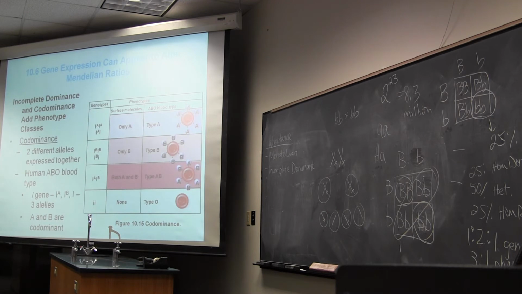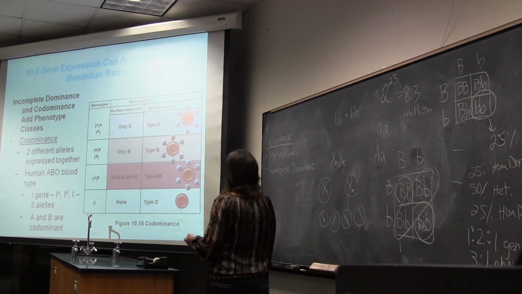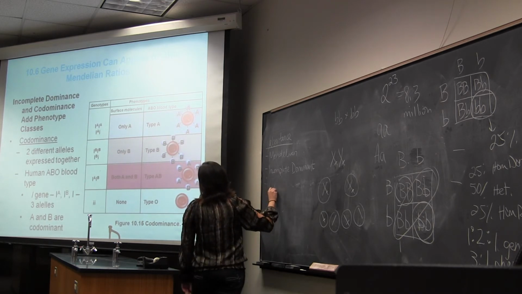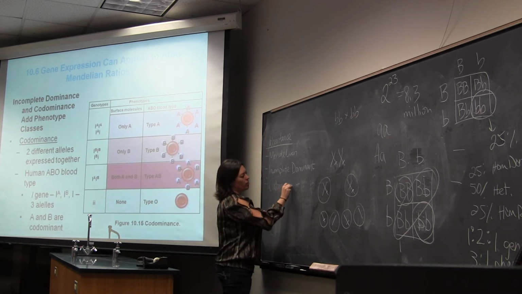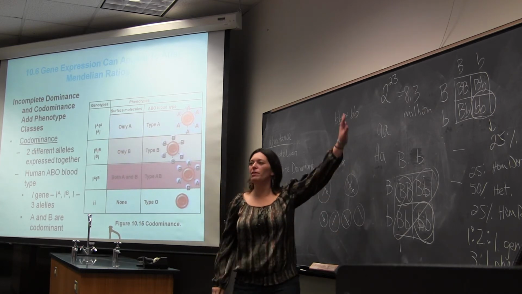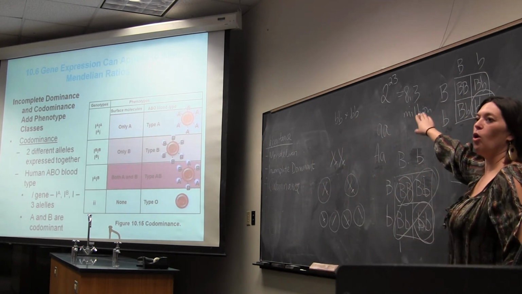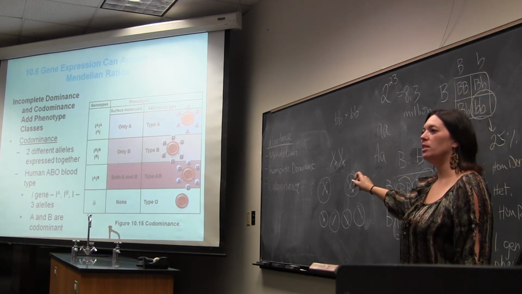All right, so another type of inheritance, I should say, is called codominance. And by the way, when you have a dominant trait overpowering a recessive trait, as in Mendelian inheritance, we call this complete dominance.